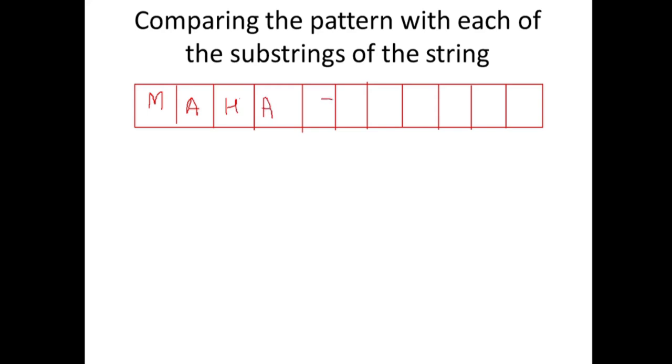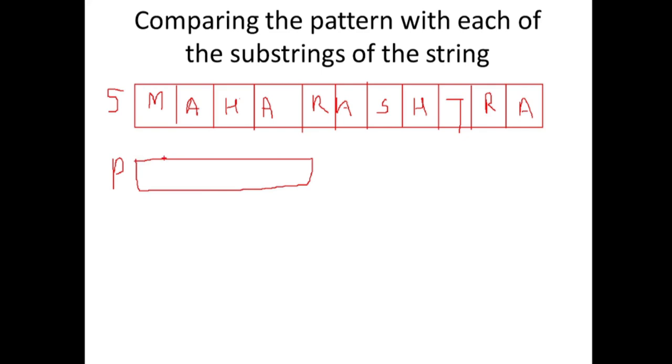Maharashtra, that is my string. Now we will write one pattern, and we will search whether that pattern is present in our string or not. So the pattern is, let us suppose, ARAS.